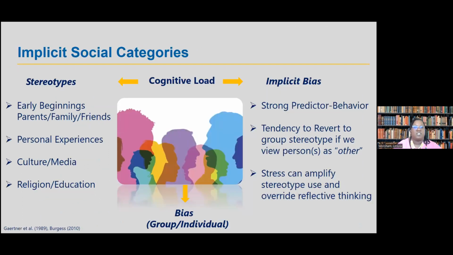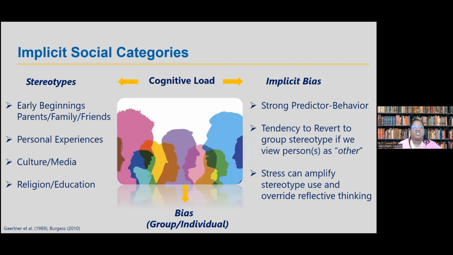When we think of implicit social categories and how implicit bias has been shaped, we understand that priming can begin as early as 3 or 4 years old. We begin to categorize those around us and start to favor groups, primarily our family at the very beginning of life, right? Because that's who we know, who we're around. And the messages that we receive invade our conscious and unconsciousness and impact the way that we view and interact with others.